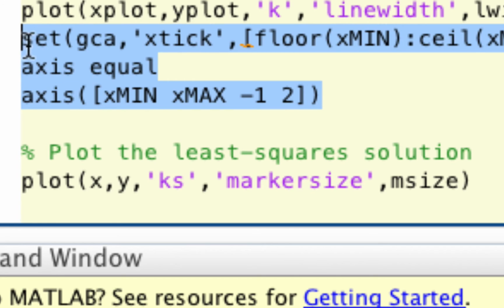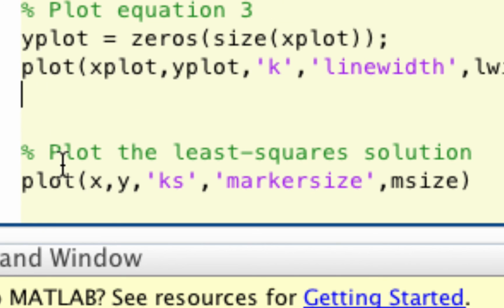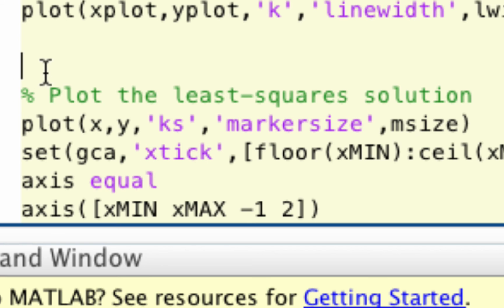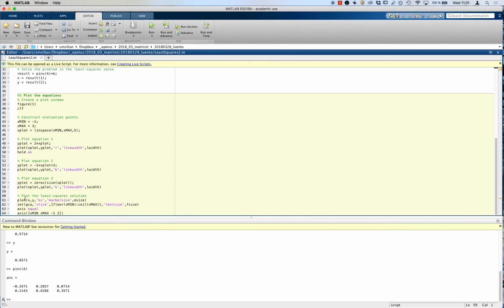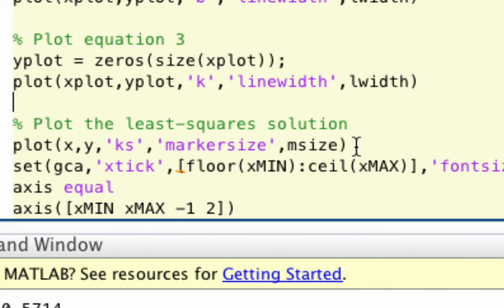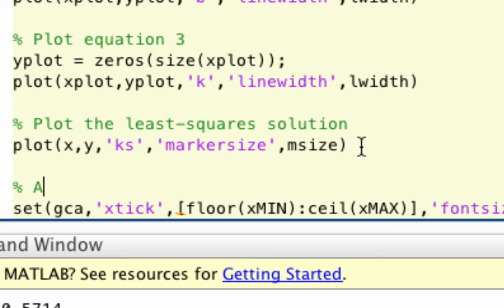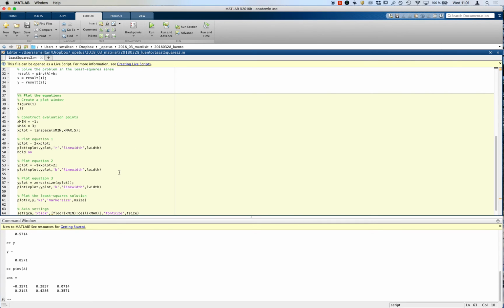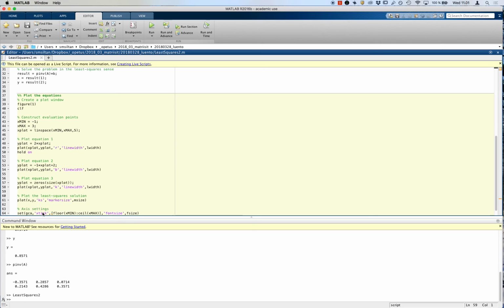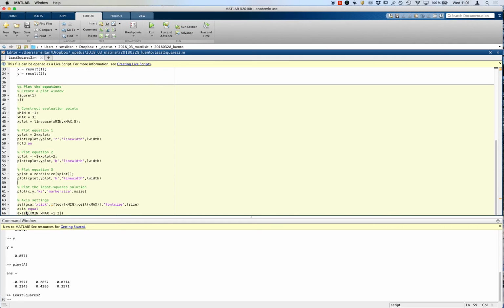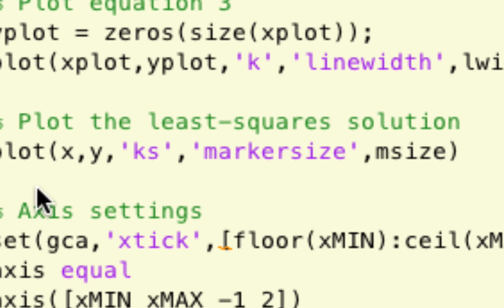And I think I will move these axis settings after the last thing we plot. I'm not sure if it makes any difference, but it feels better. Maybe I even call them axis settings. Okay, well, let's see what happens. I'll run this. Oh, not star. Let's see something better. Maybe we can just put a point.